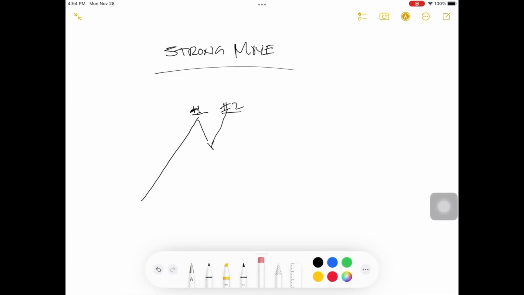But when the strong moves happen, you want to look for that second test. So your entry needs to be off of the bounce, understanding there's going to be a retest of this upper level. The entry would be here, and you're looking to play this move back up to this target, and then you will exit here.